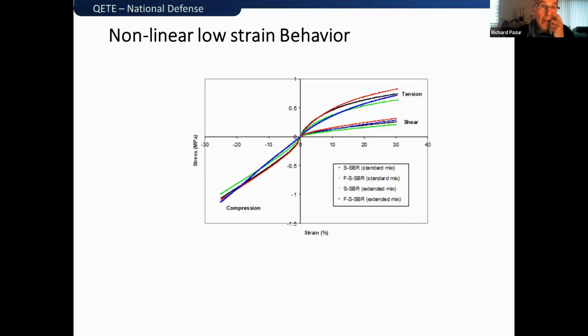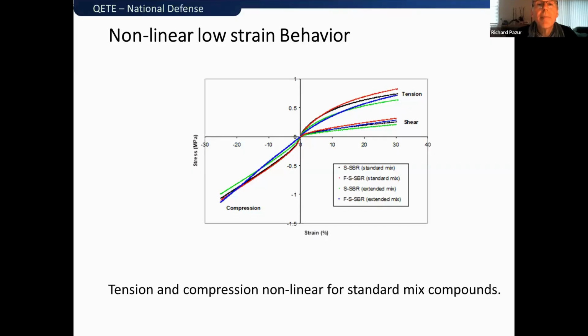The second thing is nonlinear low strain behavior. When we use the DMA here, we just do regular stress strain under tension, shear, and compression. What we noticed was that with the tension compression, which was a bit strange, if you look at the dark blue and the red, those are the standard mix samples.